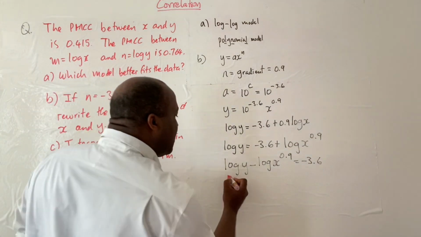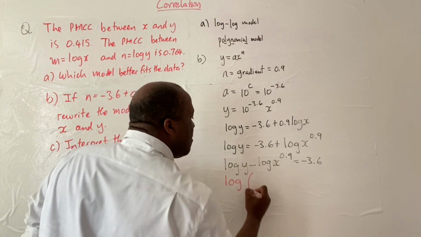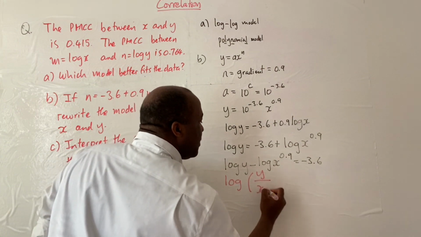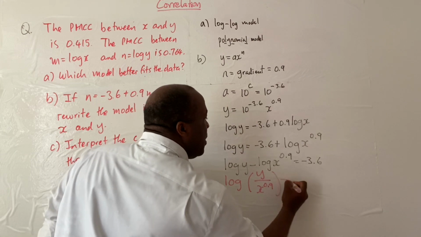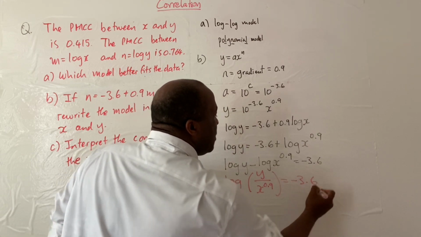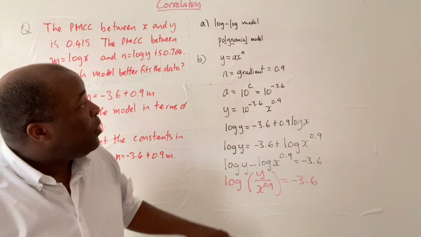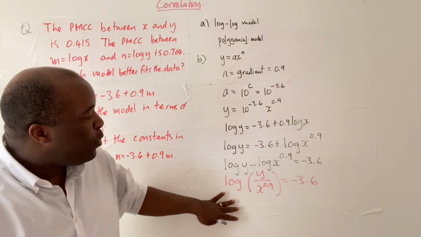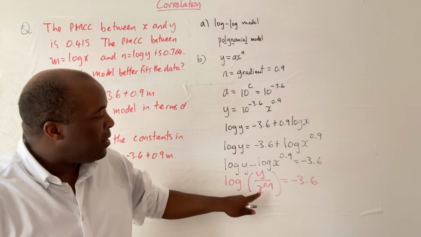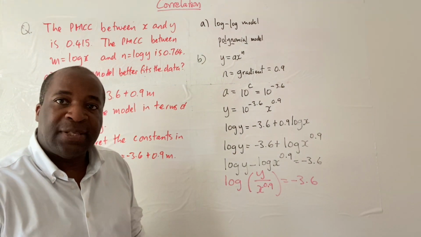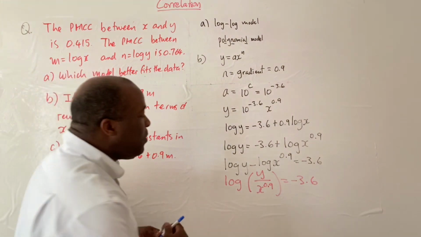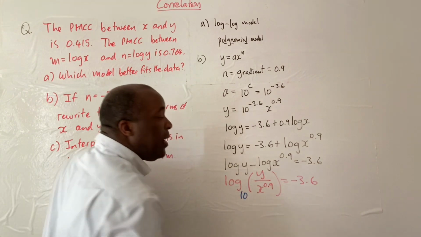So I would write this as log of y over x to the 0.9 equal minus 3.6. And then once I have this, I would take the anti-log of both sides. So it's assumed here that the base is 10.